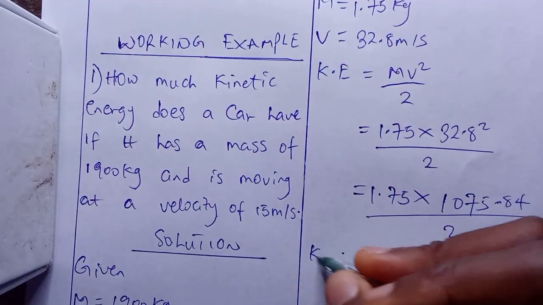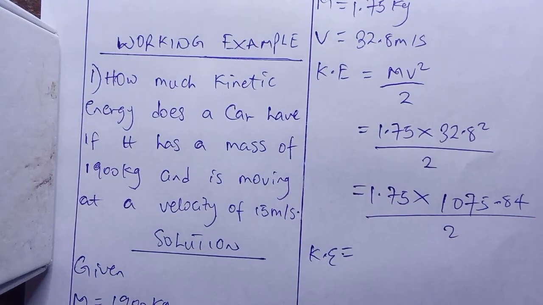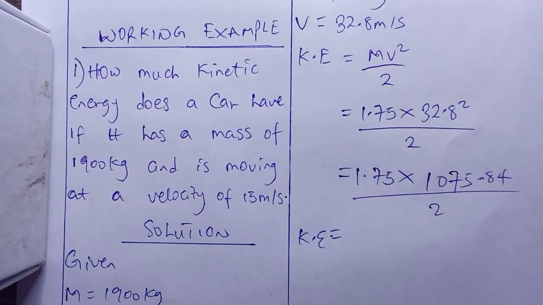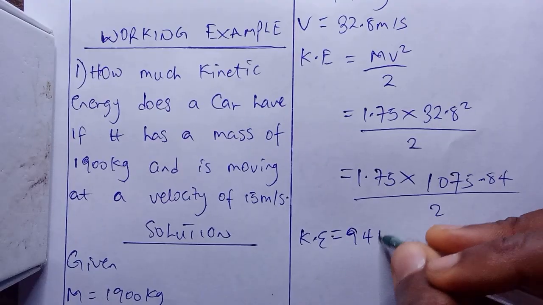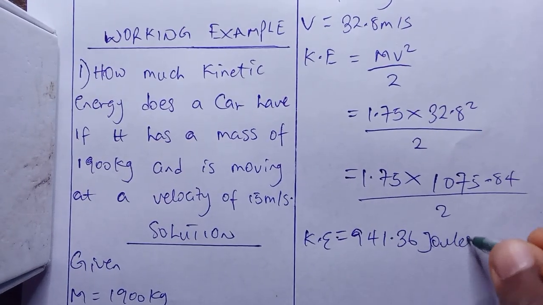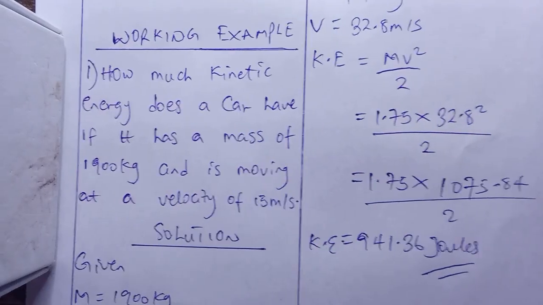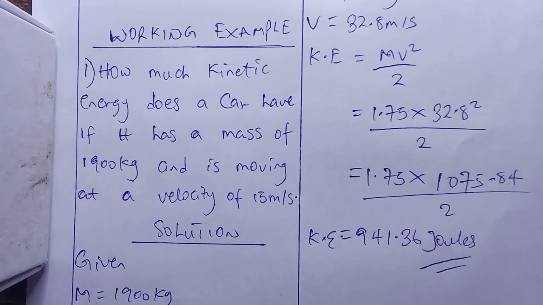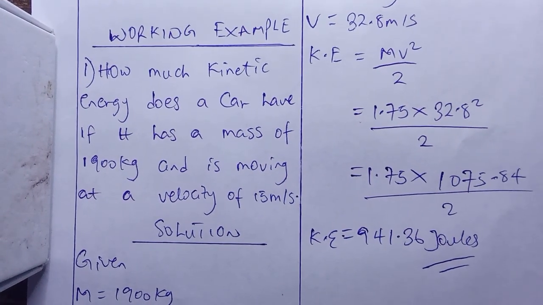If you punch this, our kinetic energy finally gives us 941.36 joules. So this is how you solve any problem involving kinetic energy. Don't forget, kinetic energy is the energy possessed by a body in motion.